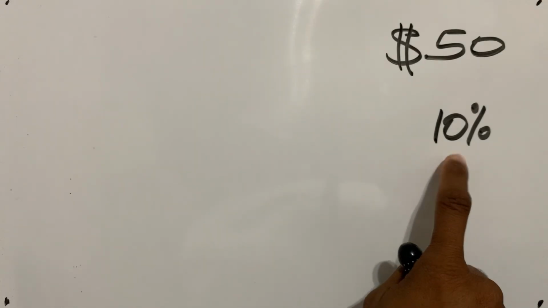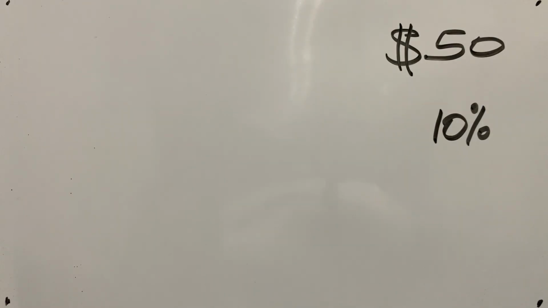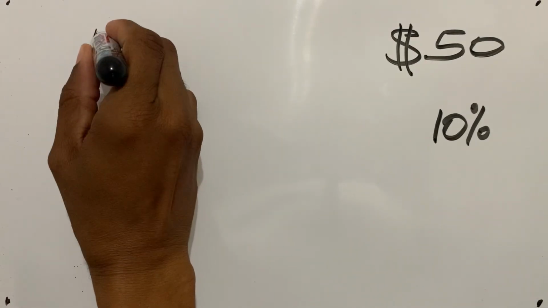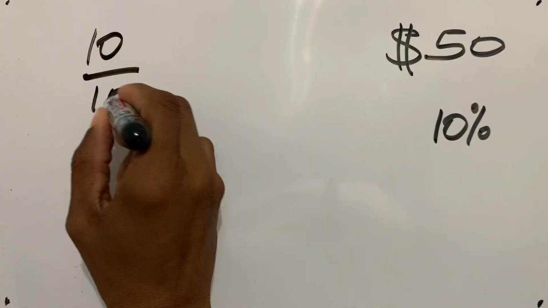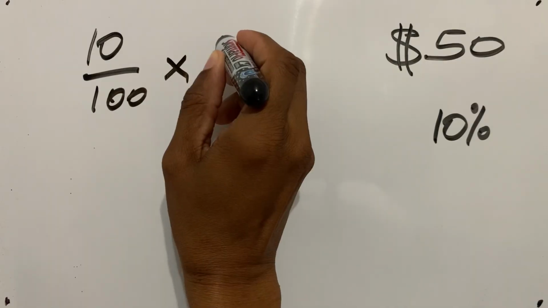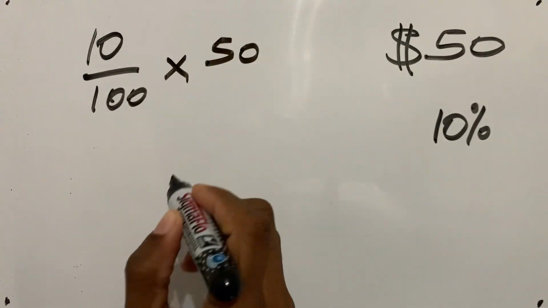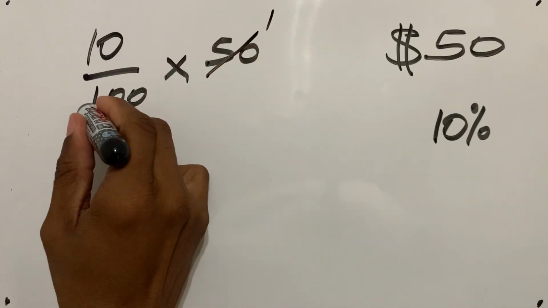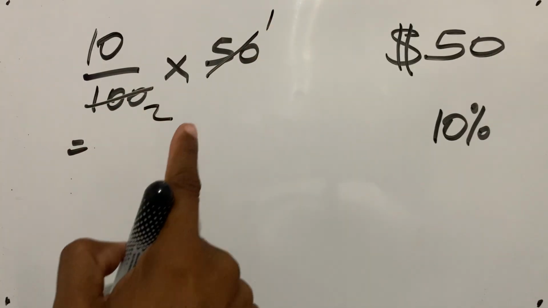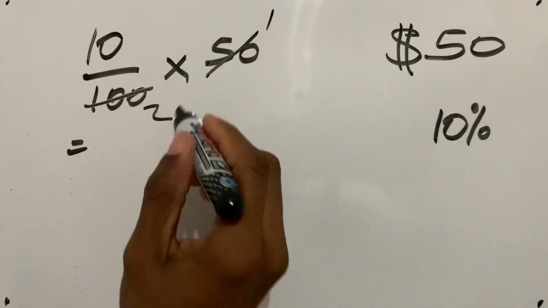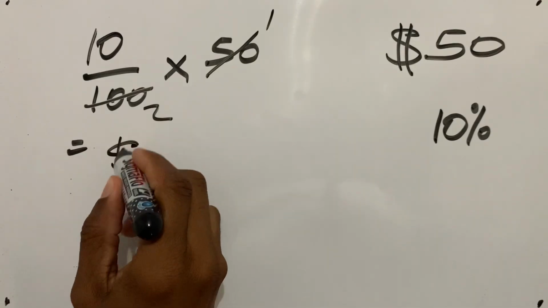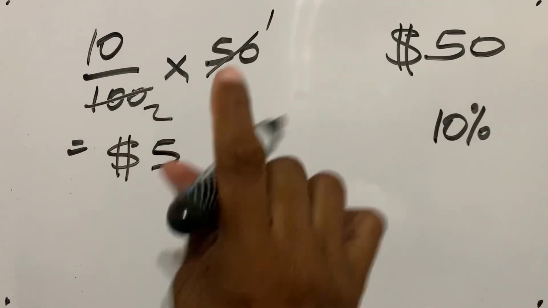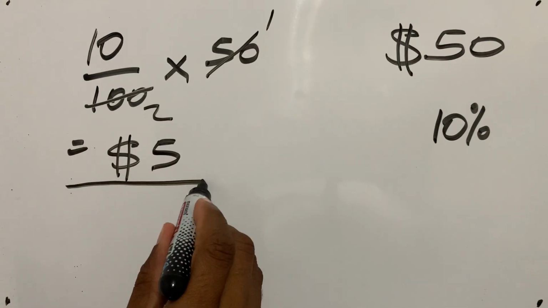Let's find the 10% of 50. The 10% of 50 is the same thing as saying 10 over 100 times 50. This is equal to 50 into 50 goes 1, into 100 goes 2 times. So this is equal to 2 into 10 goes 5. So 10% of 50 is equal to $5.